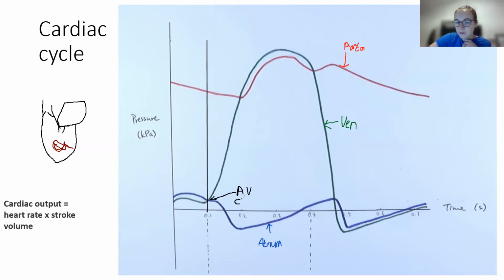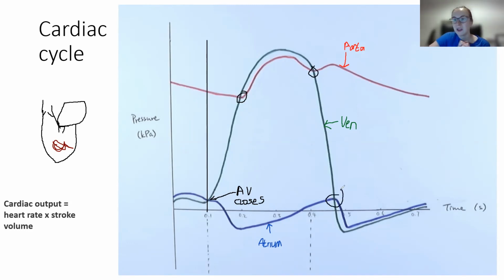The most important bit is to know which valves are open and which valves are closed. So at that point, the AV valve closes, and that's to prevent any blood flowing backwards into the atria again. You can see there's another cross here, another cross here, and another cross here.